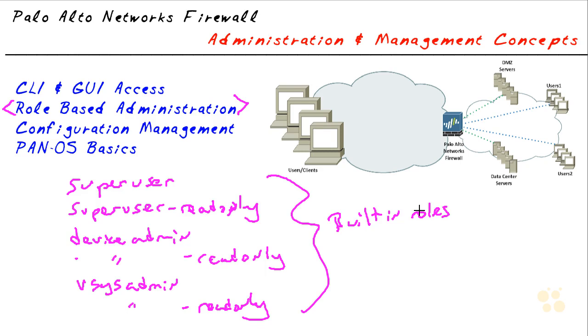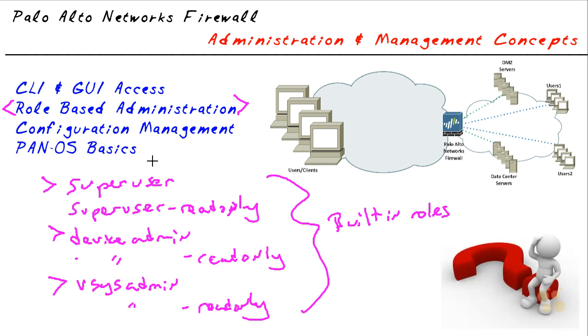Okay, and really I need to start thinking of everything in terms of which level I'm going to administer at. Okay, because that's going to be my difference as far as what we have. Now, thinking through this, like I said, we have to look at things from a device standpoint and from a vSys standpoint. But then I've got this thing called super user. If I have a device admin who has to administer the entire device, which by the way includes virtual systems, then what's the difference between a device admin and a super user?